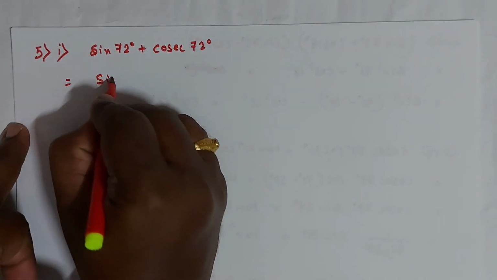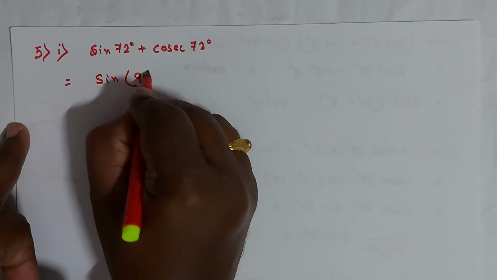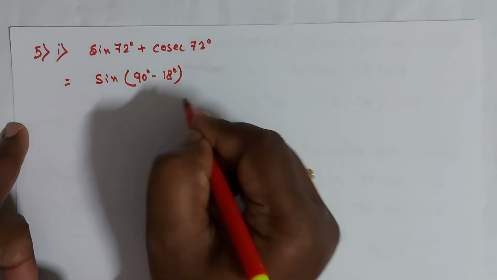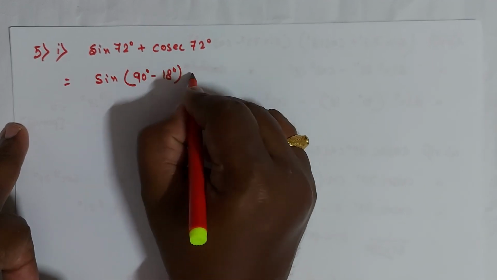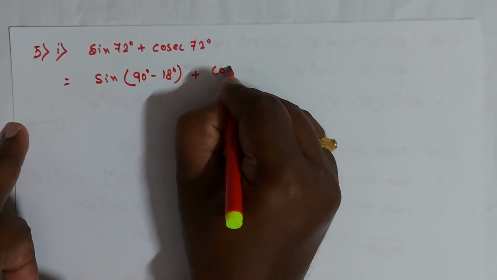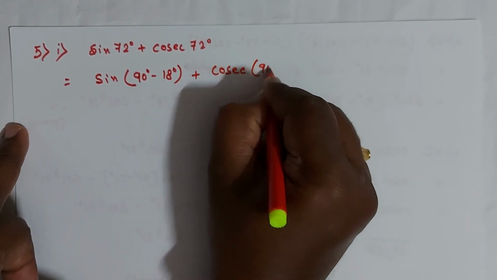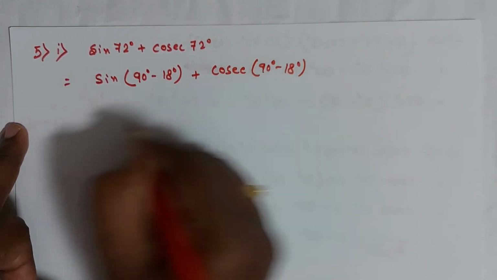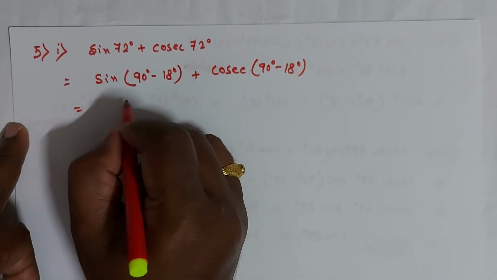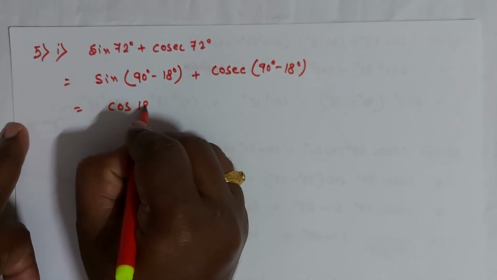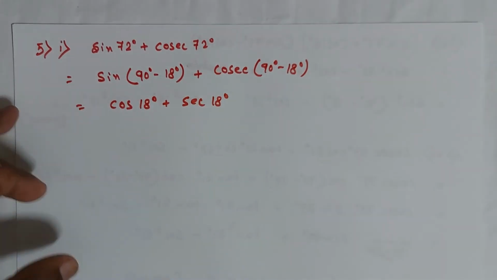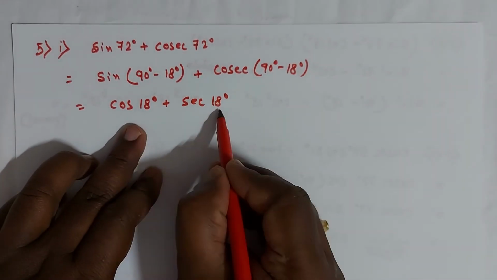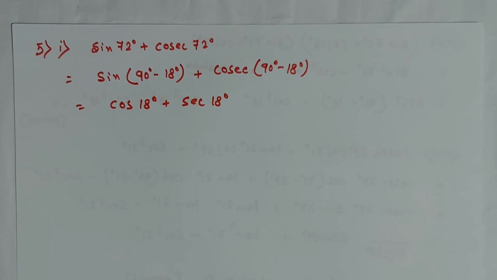Let me show how. Sine of 90 degree minus 18 degree plus cosec of 90 degree minus 18 degree. So sine of 90 minus 18 means cos of 18 degree plus sec of 18 degree. Now this value of theta, that is 18, is between 0 and 45 degree.